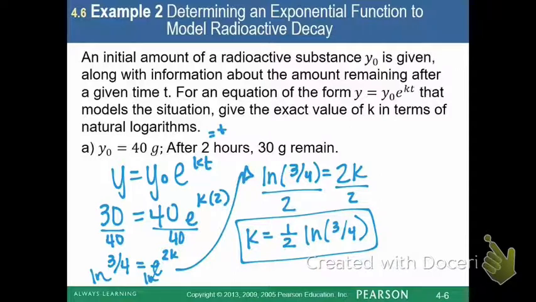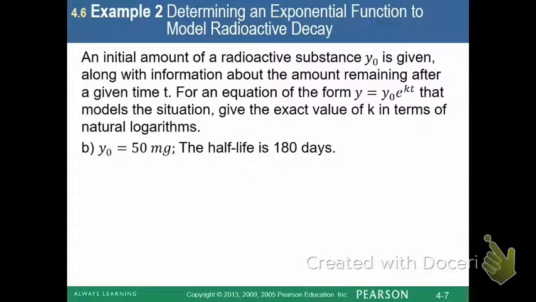Good. Next one, it's similar. It's using that same equation. They give us different information though. So again, I'll set this up. Y equals y sub 0 times e to the kt. So the initial amount is 50, and then it says the half-life is 180 days. So half-life is talking about the amount of time that it takes to get to half of its original amount.